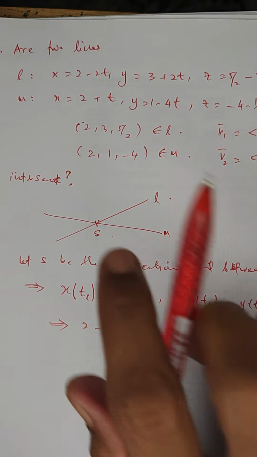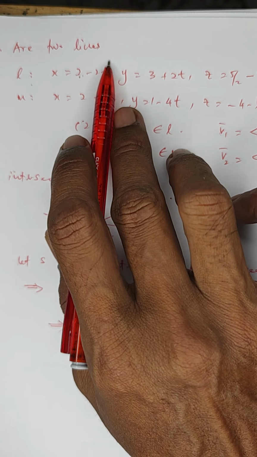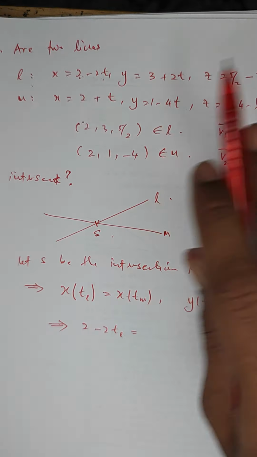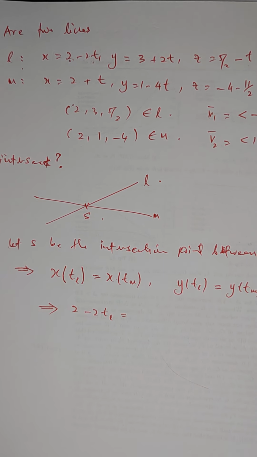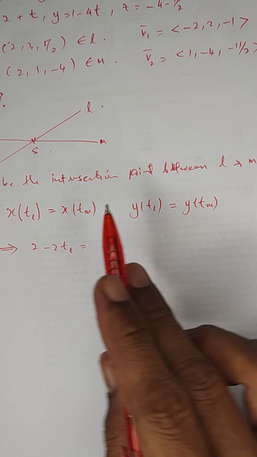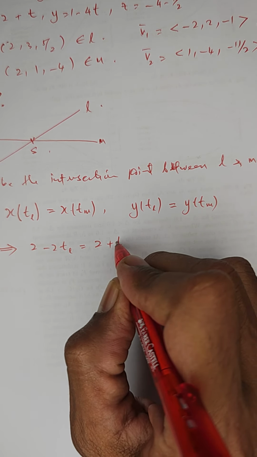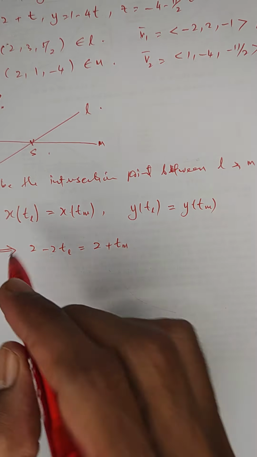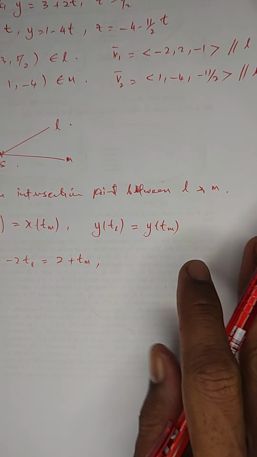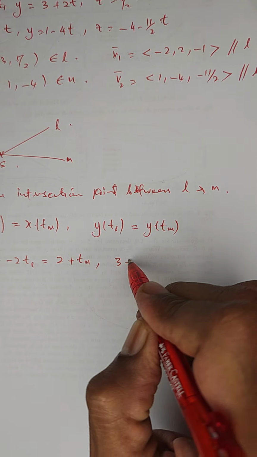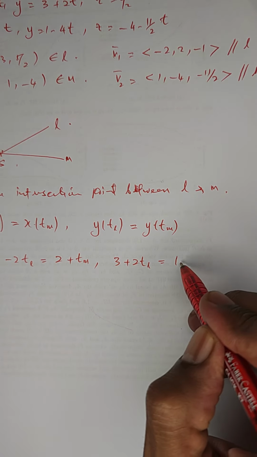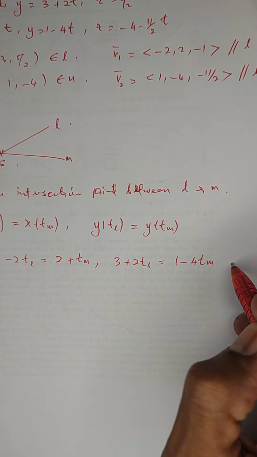This is equal to, I just change that, for L I use T as TL here, which means the parameter on line L. And for TM, we have 2 plus TM. Okay, and for Y, we have 3 plus 2TL. This is equal to 1 minus 4TM.